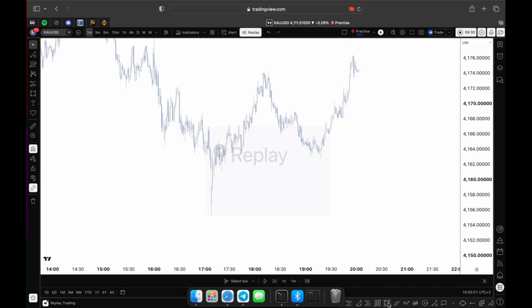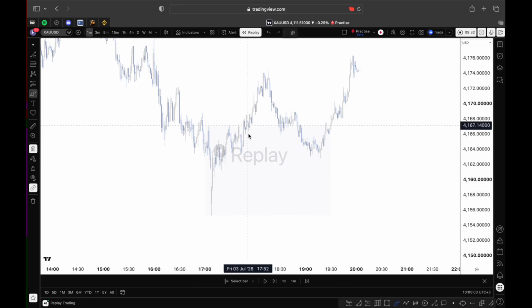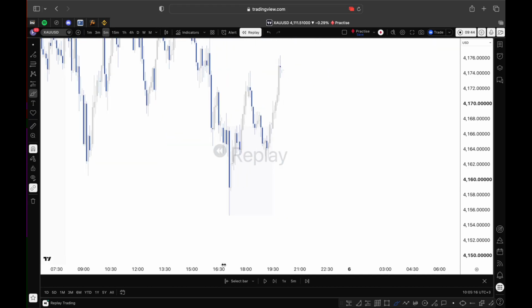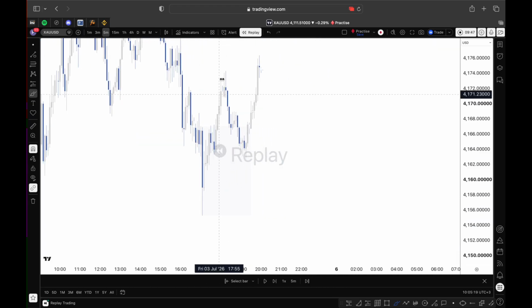If I have this kind of PA on M1 and I don't have a clear zone to map on M1, I usually jump on M5 and look for something significant, at least something that I can work with. So you can see nothing there. Yeah, just a straight push. We need at least some lead.